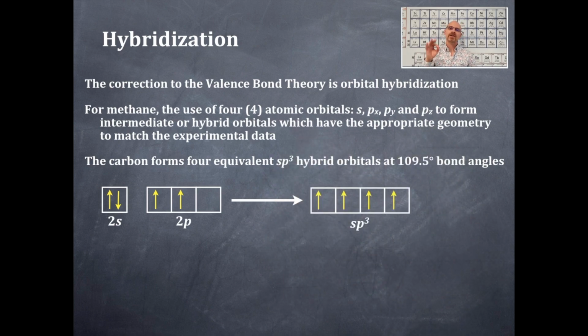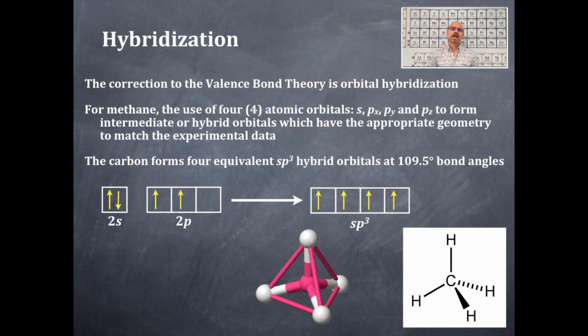And so now we have sp3 hybrid orbitals with 4 unpaired electrons at bond angles of 109.5 degrees from each other. Okay, that gives a tetrahedral arrangement of electron domains. That allows you to have that central carbon core in the middle and the hydrogens that surround it, and that gives a tetrahedral shape. That is hybridization in a nutshell.